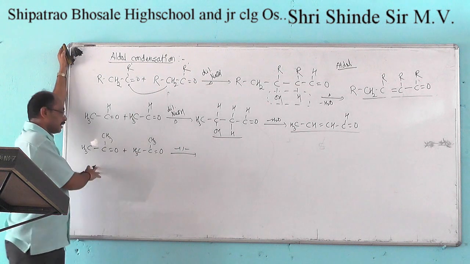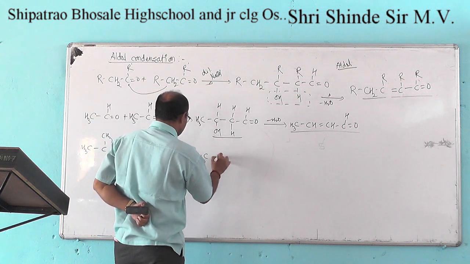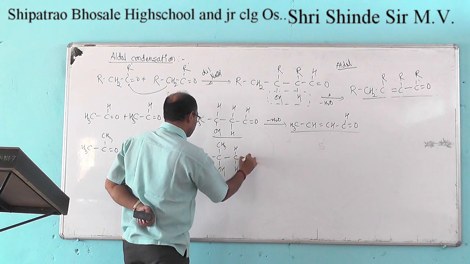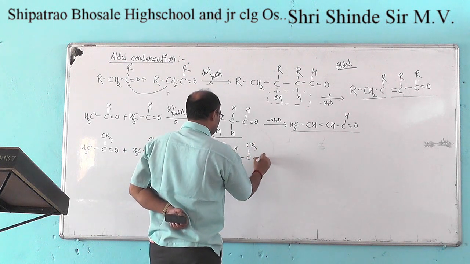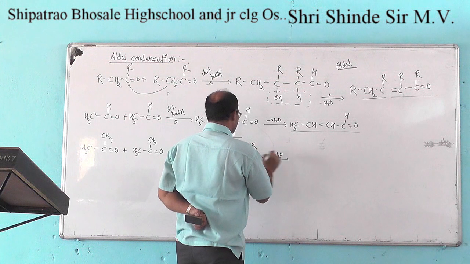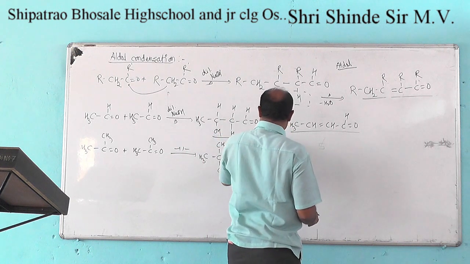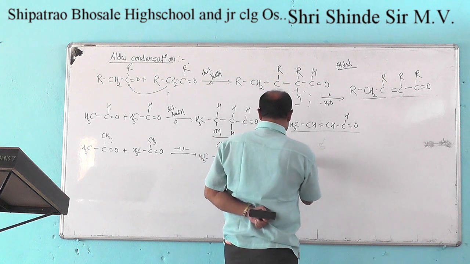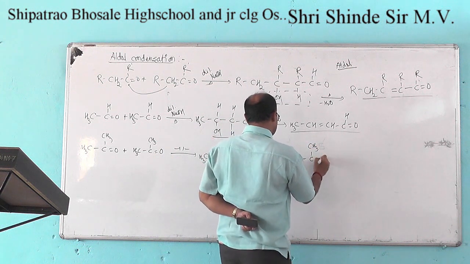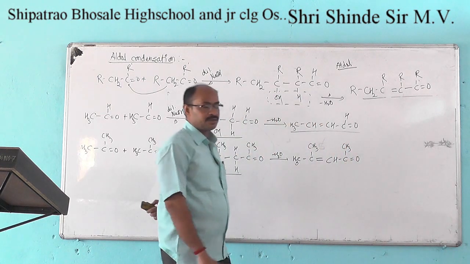For example, acetone in the presence of a dilute alkali also has two molecules combine with each other to form a beta hydroxy ketone, which further on dehydration gives alpha beta unsaturated ketone.